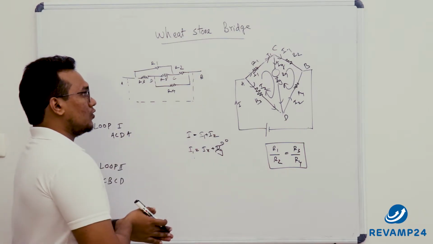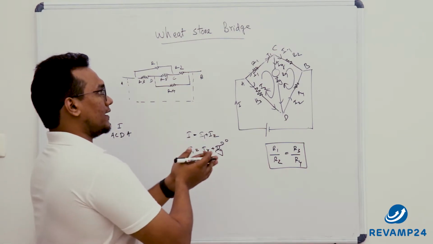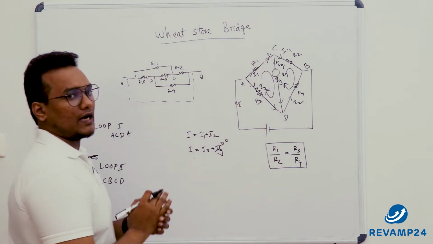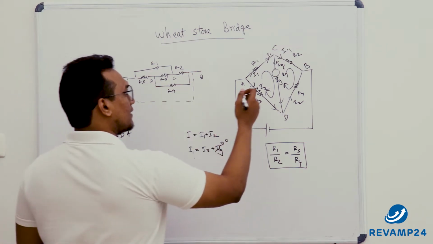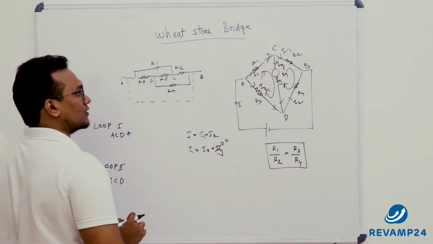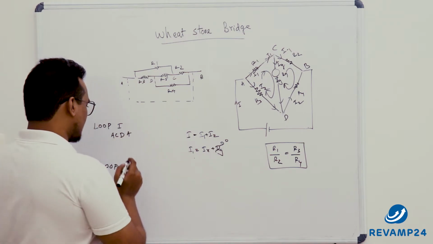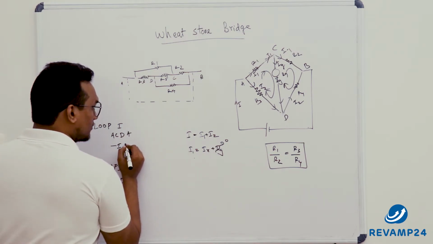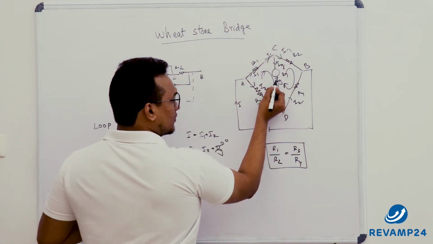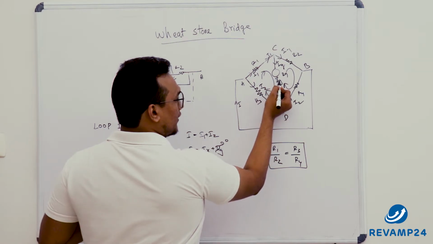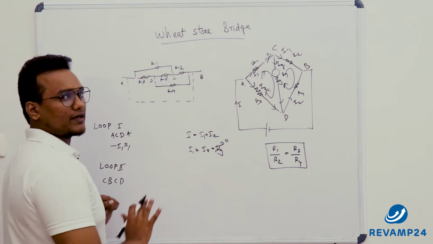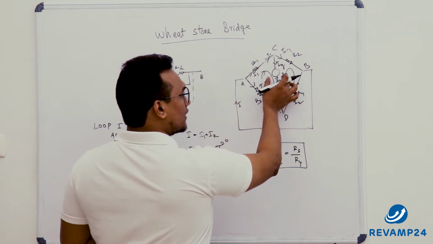Now according to the loop rule, the total potential difference if you are adding across the loop should be equated with 0. So here the direction of loop is this one and current is passing along the direction of loop, so potential decreases, that is minus I1 into R1. Now I am going here, there is no current. If there were current, I would have to multiply Ig into Rg, but there is no current, so the value of potential drop here will be 0.